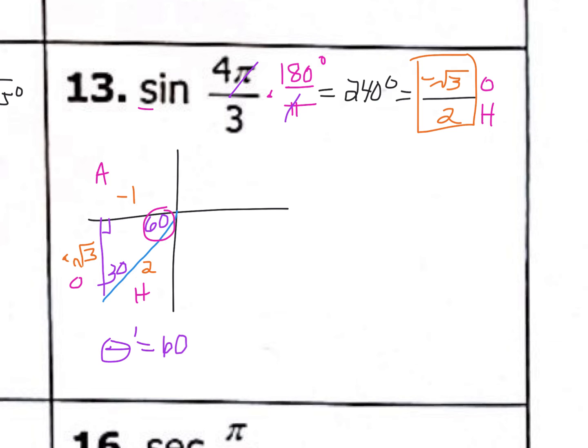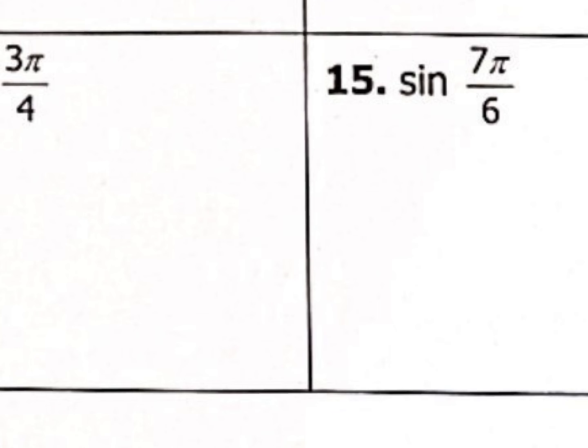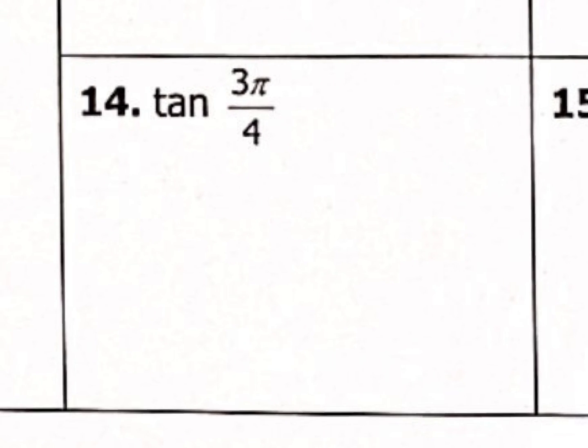All right, on to number 14. We only have 3 more. Then we are going to multiply this by 180 degrees over pi to convert it. Pi's cancel. 3 times 180 degrees, and then divided by 4 is 135 degrees.